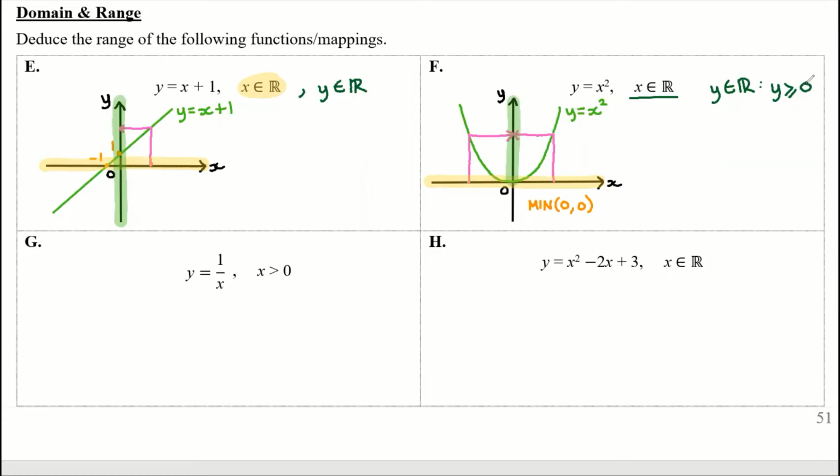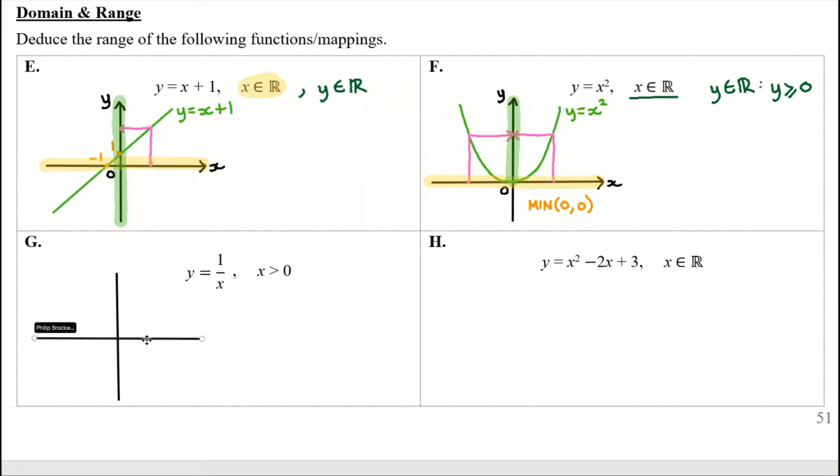So I hope that makes some kind of sense. Now, moving on to G, we have a reciprocal function, 1 over x. So once again, let's sketch this. These are standard functions we should know how to sketch. So I'll put that on there and I'll just move that slightly.